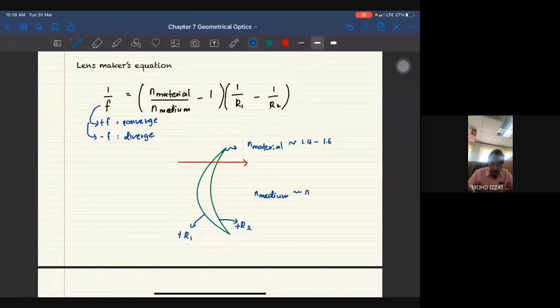But sometimes, in the follow-up question, they will ask what happens when the lens is put underwater, or in an aquarium. So N medium is no longer 1. Now maybe you have 1.33.